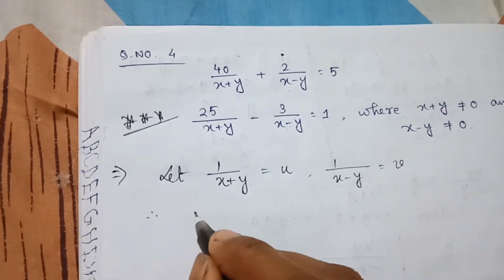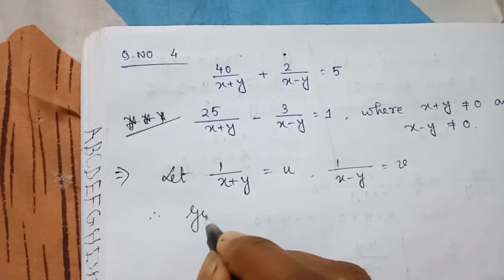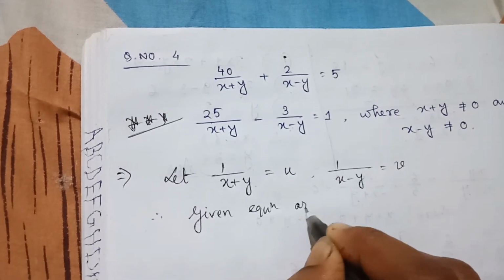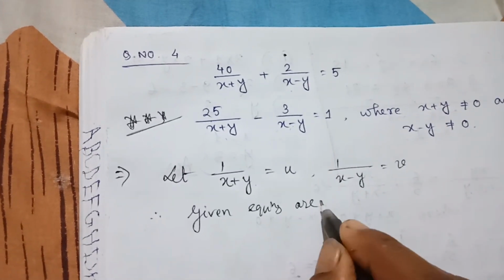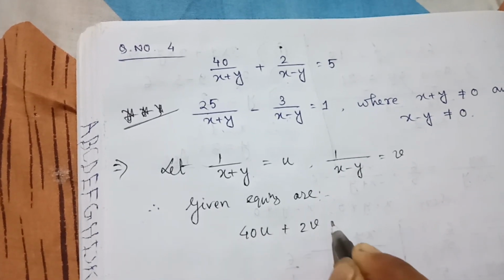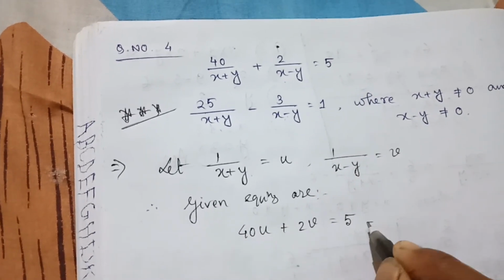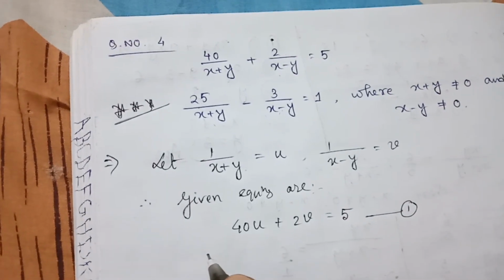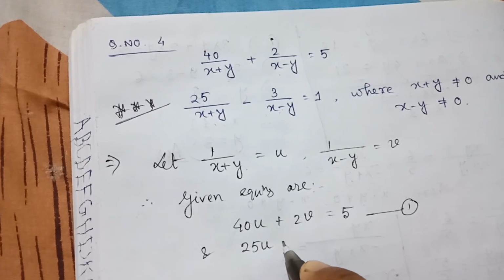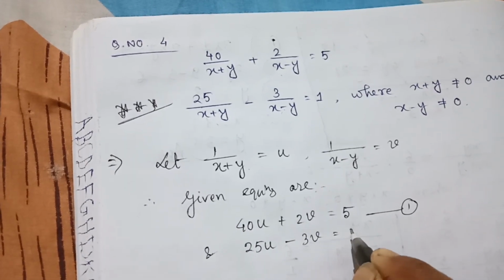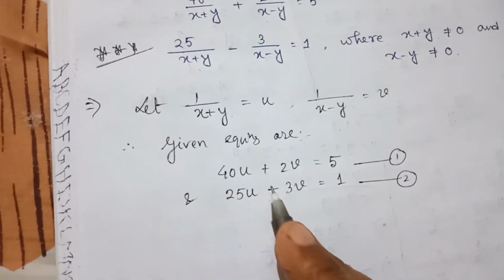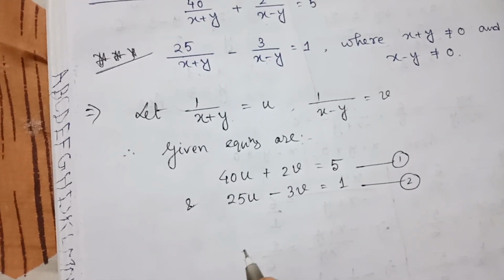Therefore, the given equations will be 40u plus 2v equals 5, that is number 1, and 25u minus 3v equals 1. This is number 2. We are going to solve these two.